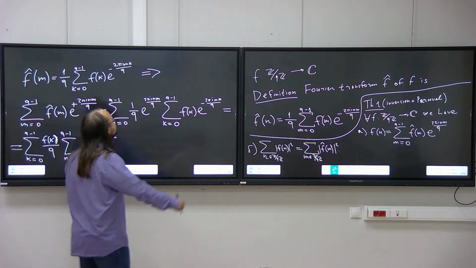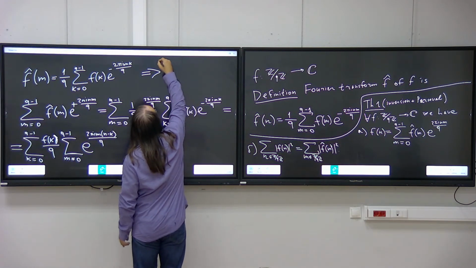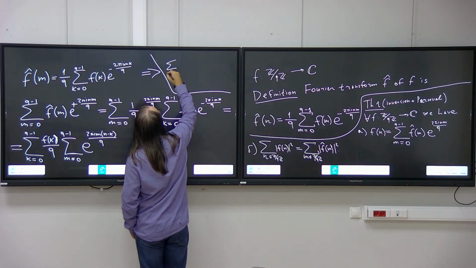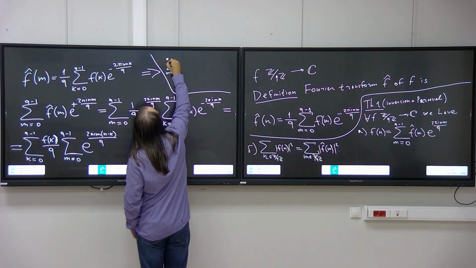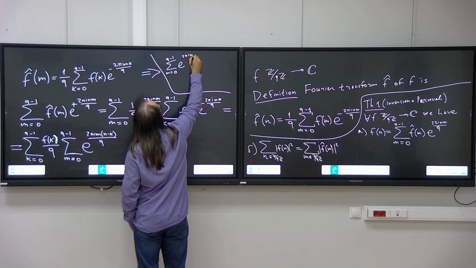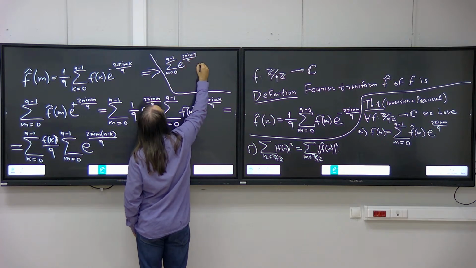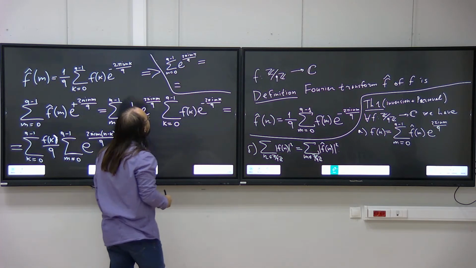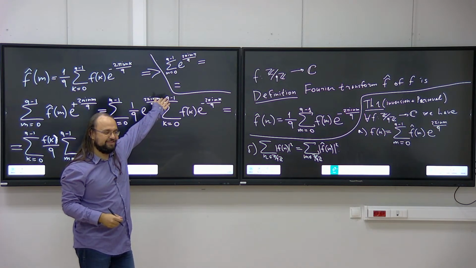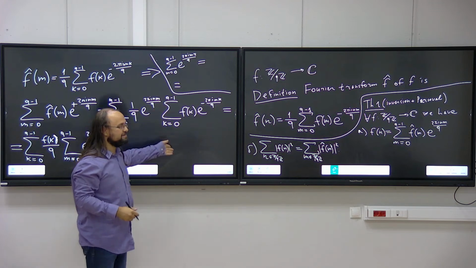And this evaluation is, of course, completely trivial, because the sum over all m from 0 to q minus 1 of e to the 2 pi i m r over q is equal to what? Well, this is a geometric progression.